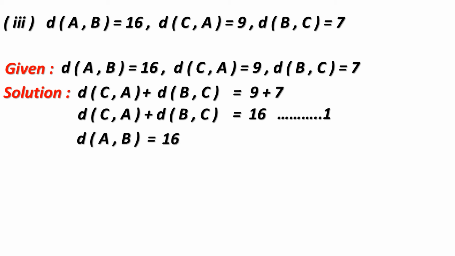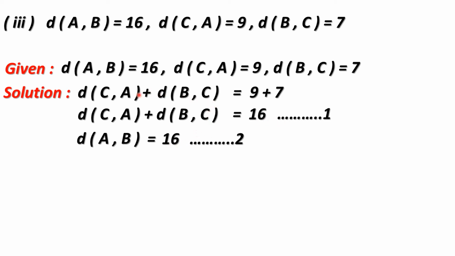So distance AB is 16. We'll take this step as equation 2. Now here we'll compare equations 1 and 2. You can see the right hand side of equation 1 is 16 and the right hand side of equation 2 is also 16. It means the right hand sides of both equations are equal.